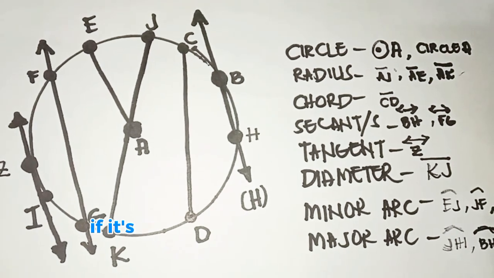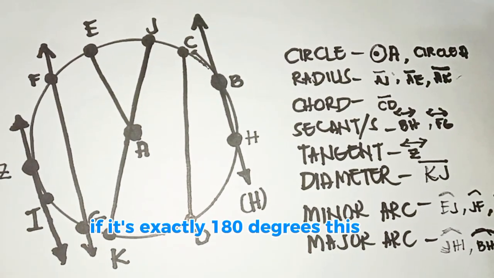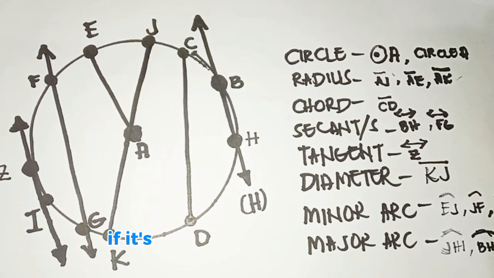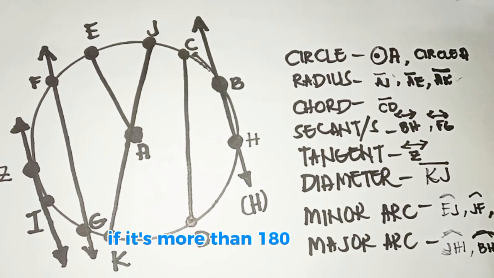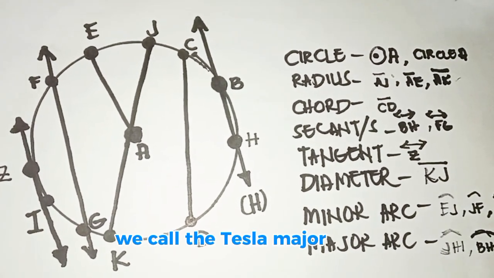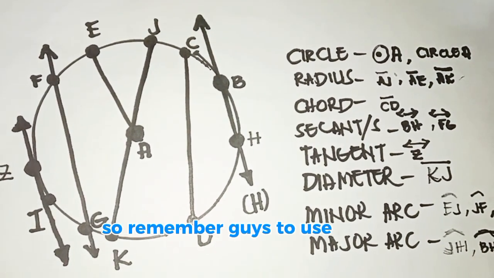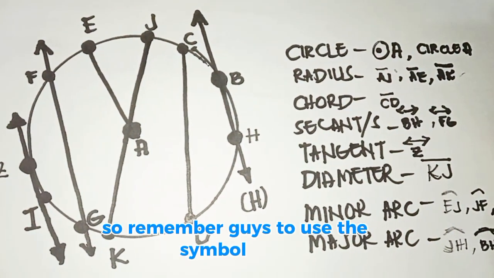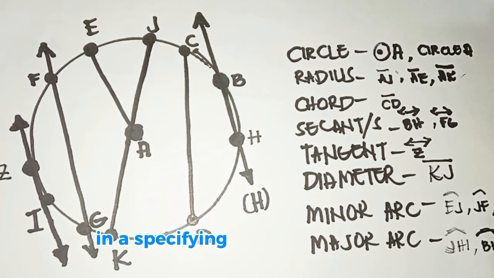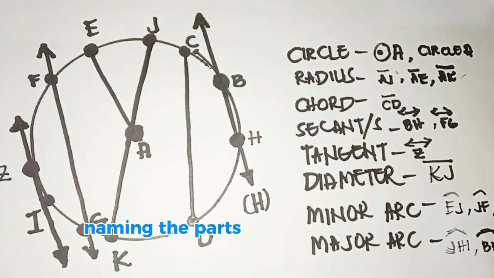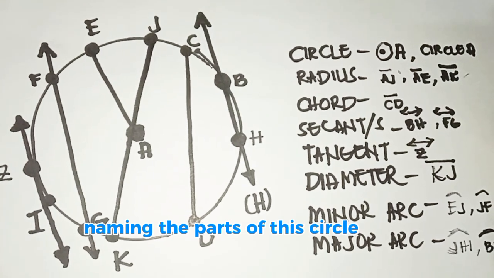If it's exactly 180 degrees, this is a semicircle. If it's more than 180 degrees, we call that the major arc. So remember guys to use the symbol in specifying, locating, or naming the parts of this circle.